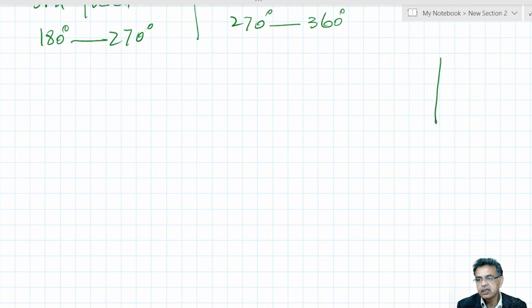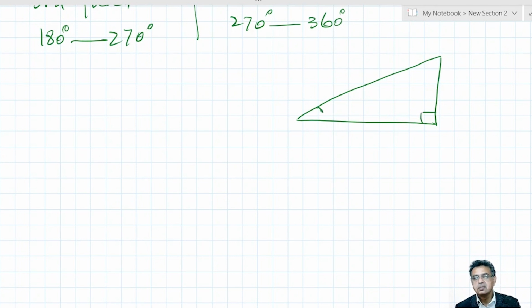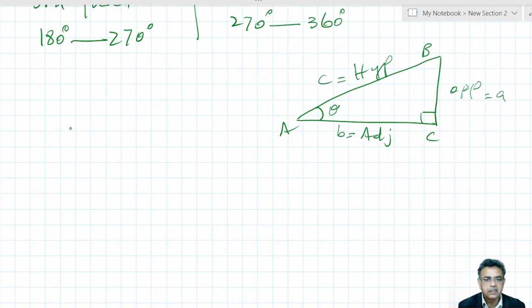In the basic concept that we have discussed, our ratios were restricted to this triangle. If this is theta, which is always acute, this is opposite, adjacent, and hypotenuse. If we name them A, B, C, this is A, B, and C. Very quickly, I just remind you of what we have done.